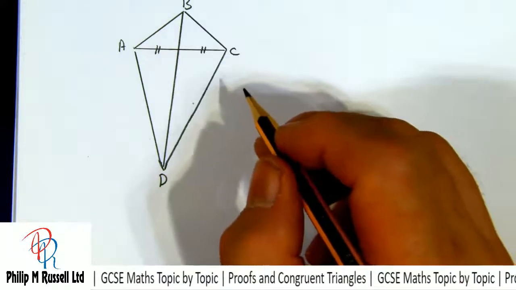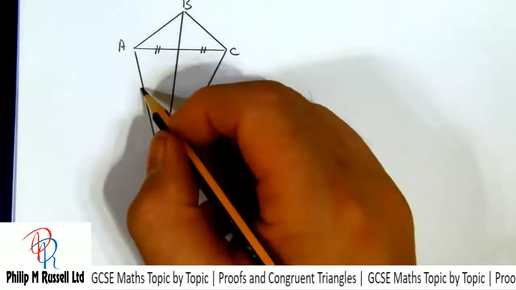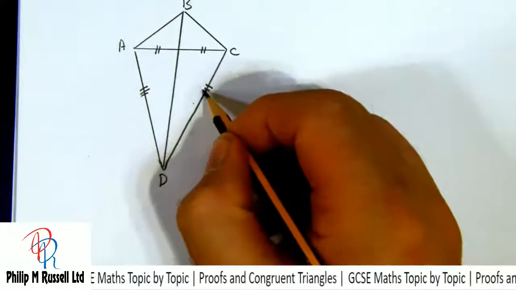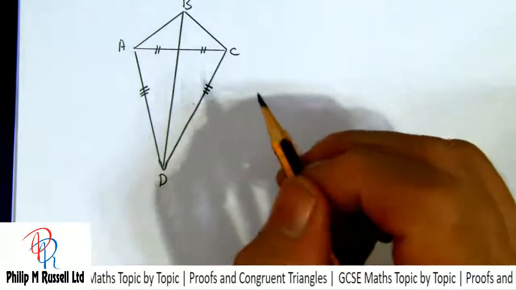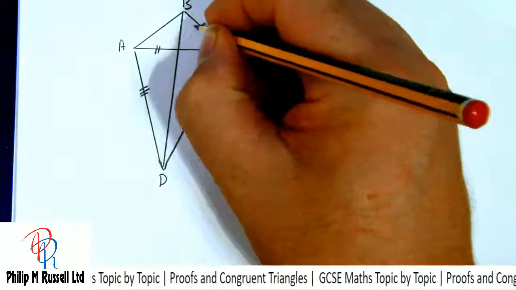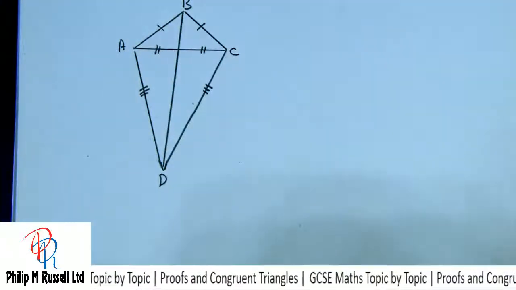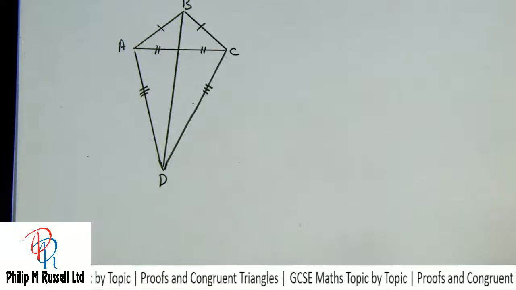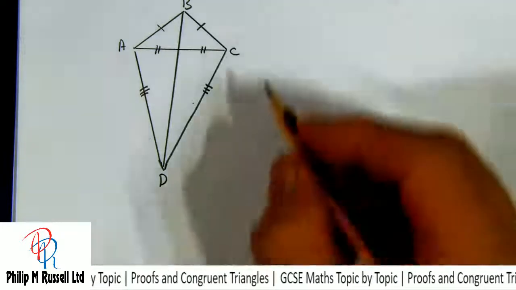So I may be told that this side equals that side, and we may be told that this side equals this side. So I'm given various things about a kite.